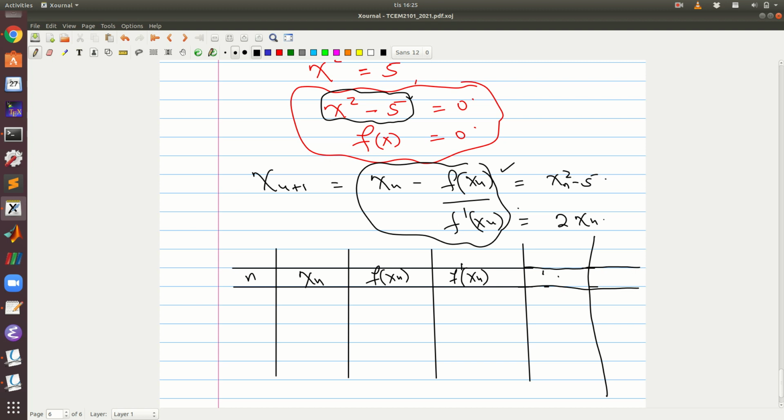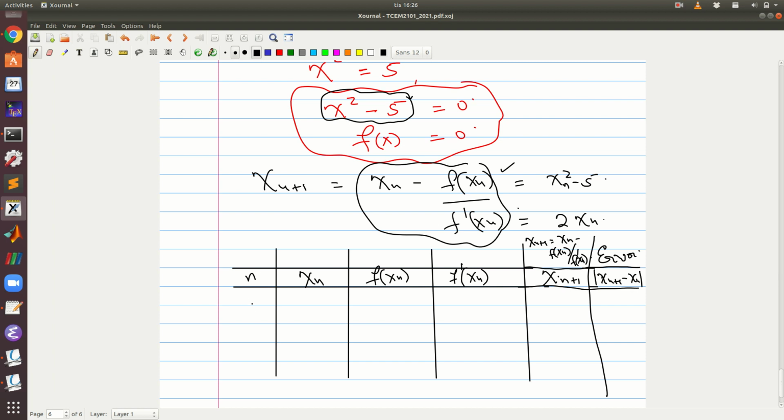So let us just compute xn plus 1, where we know that xn plus 1 equals xn minus f of xn divided by f dash of xn, and then let us compute the error here, the absolute value of xn plus 1 minus xn.